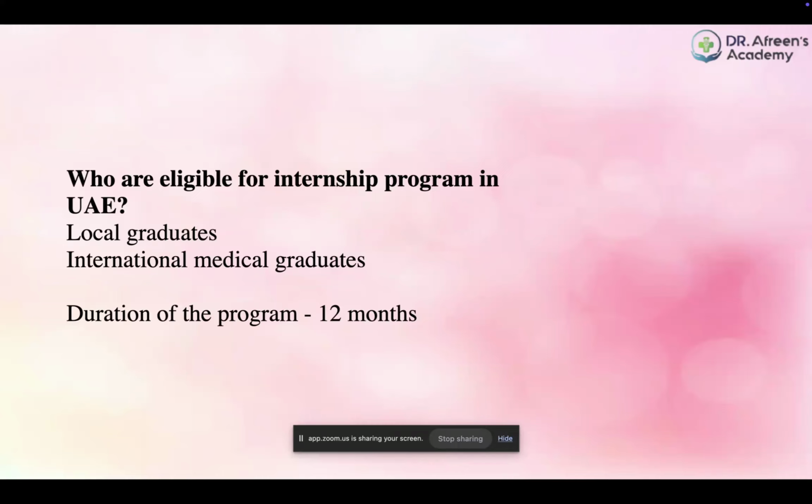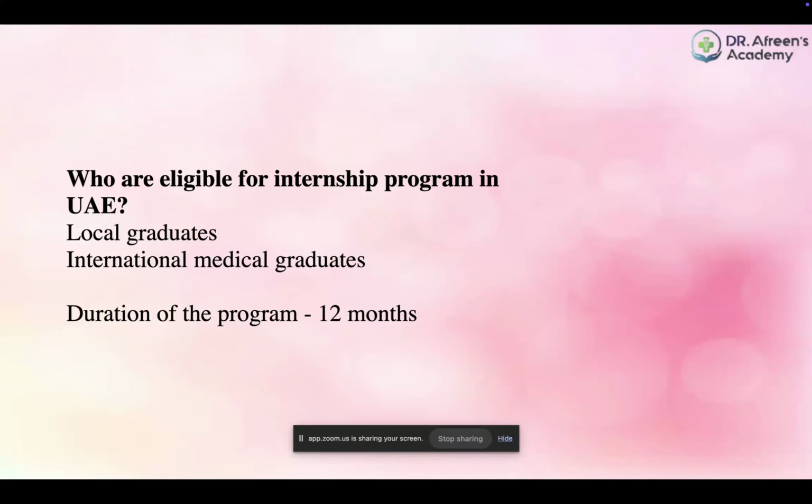So who is eligible for internship program in UAE? The local graduates, the UAE nationals, and they have opened it for international medical graduates as well, who are the FMGs, like most of you all. The duration of the program would be 12 months, which is 6 months in medical departments and 6 months in the surgical departments. You will be equally rotated in these departments, 6 months, 6 months.